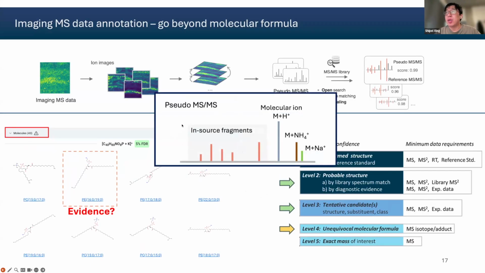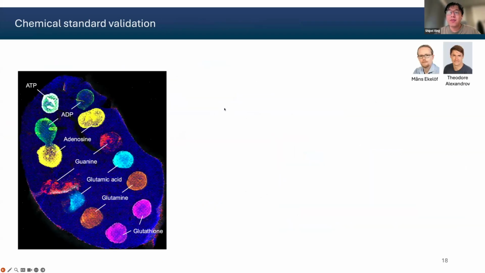In this case, we build pseudo-MS2 spectra based on ion image correlations. First, we conducted a standard spot-on experiment, a very nice collaboration with Mans and Theodore, where they spotted 7 chemical standards on mouse liver tissue, including ATP, ADP, adenosine, guanine, glutamic acid, glutamine, and glutathione.